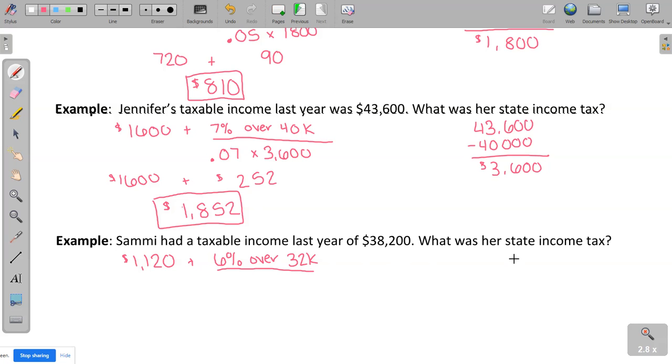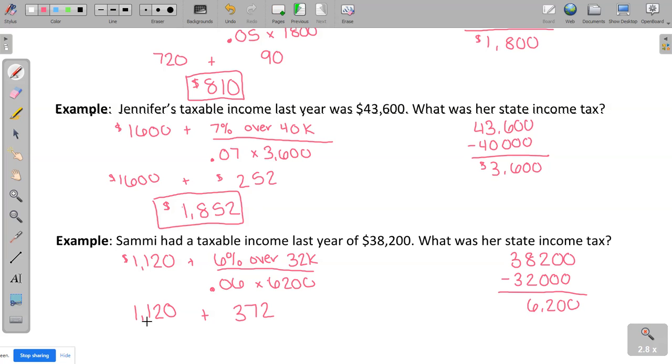So let's find how much is over $32,000. Take taxable income and subtract 32,000, and we get $6,200. 6% of that is $372. Add the initial amount, and we get $1,492 for the state income tax.